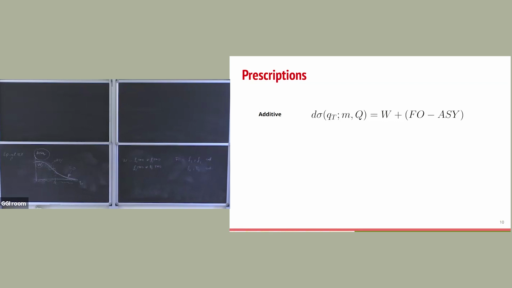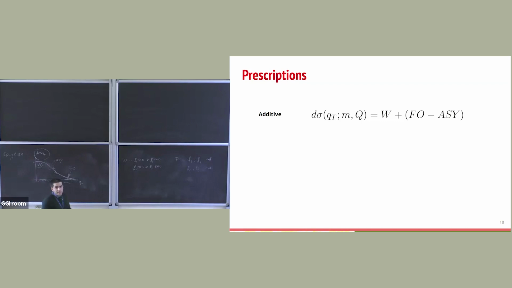Almost. So the asymptotic is defined as the fixed order in the small Qt limit. So if I look at this difference in the small Qt limit, it's 0. So this Y term cancels at low Qt. And this makes sense because W is defined to be the good approximator of the cross-section when Qt is small, okay?